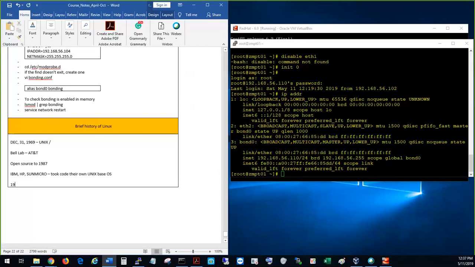And then in 1991, this guy named Linus Torvalds took the code and developed Linux. And the term Linux is named after his name.